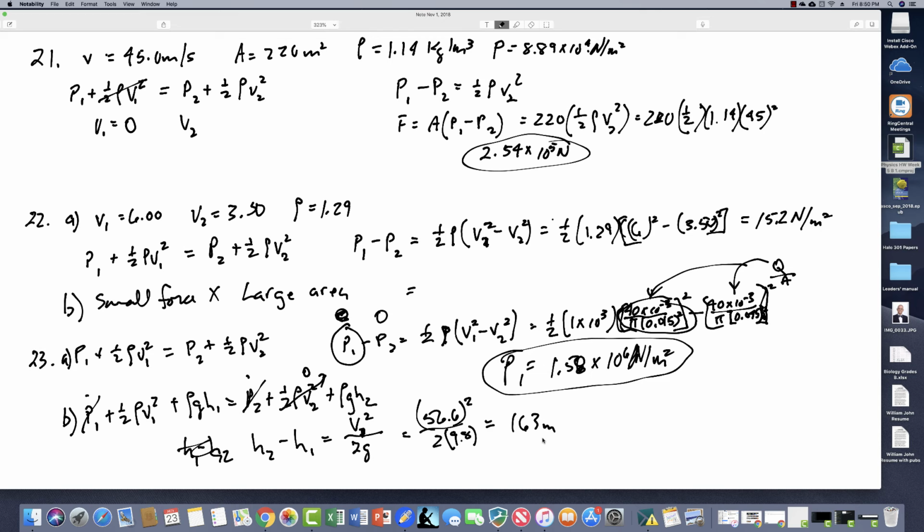Number 25 was kind of an interesting one. I had to look up some stuff online to find the answer to this. It says plumbing usually includes air-filled tubes near the water faucet. As shown in figure 12.27, explain why they are needed and how they work. And these are called air dampers or air cushions.